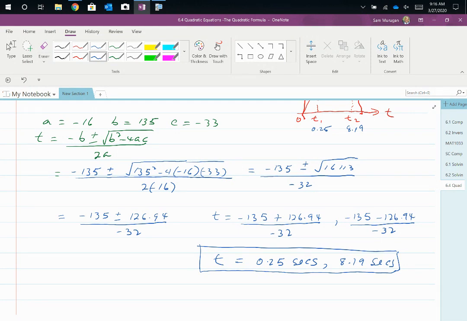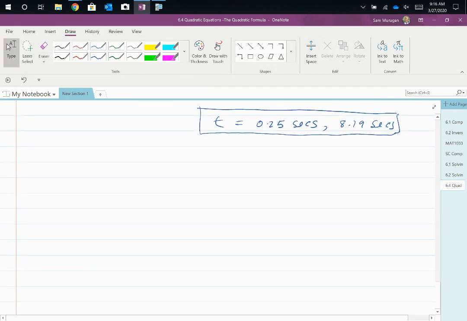Okay, one final question, a word problem. A rectangle is 7 centimeters longer than it is wide.